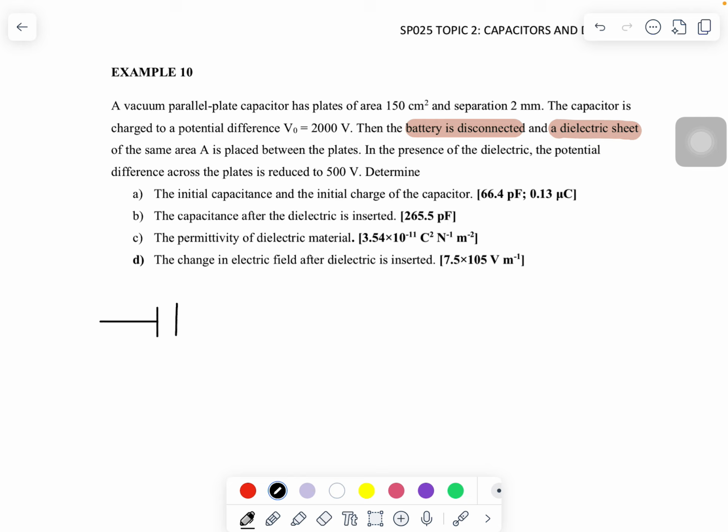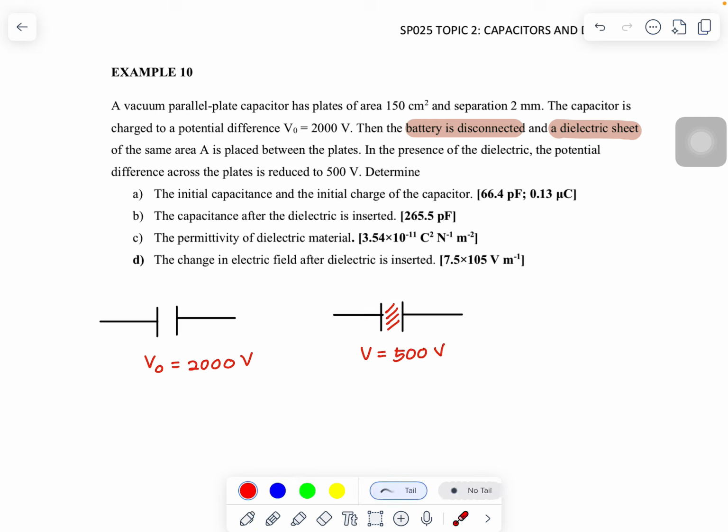So kita lukis dekat sini. Ini initially a vacuum one. V naught is 2000 volt, and then final, lepas dia sudah letak dielectric, V equal to 500 volt.